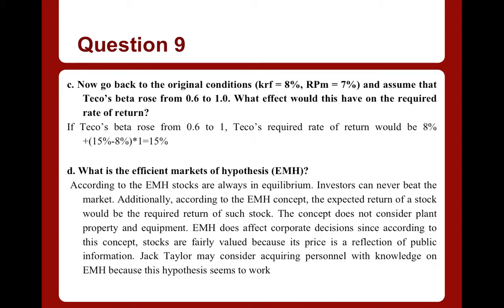EMH does affect corporate decisions since according to this concept, stocks are fairly valued because their price is a reflection of public information. Jack may consider acquiring personnel with knowledge of EMH because this hypothesis seems to work.